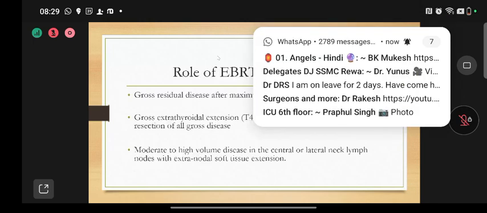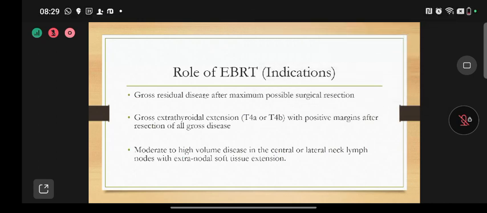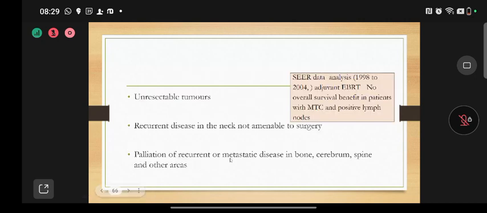radiotherapy. The indications for external beam radiotherapy are gross residual disease, that is R2 resection or R1 resection, or moderate to high volume of disease in the lateral or central compartment with extranodal extension, and in unresectable tumors, or recurrent disease not amenable to surgery. Also in palliative cases we can give radiation.